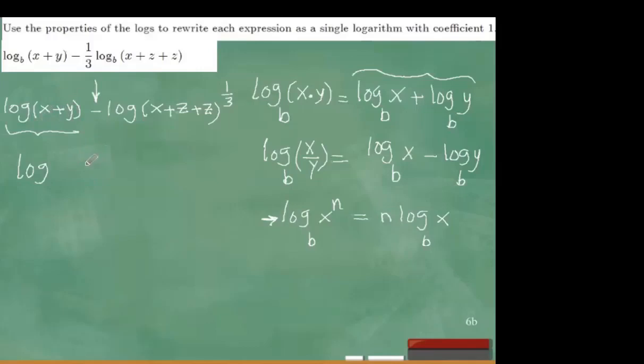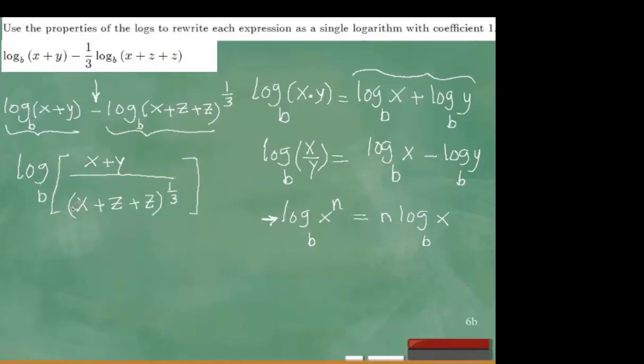So it would be log of x plus y, if I were going to combine this, over the second one, x plus z to the power of 1/3. I'm combining these two logs into a single log, and notice that the base is b here, so go ahead and copy b for all of these.